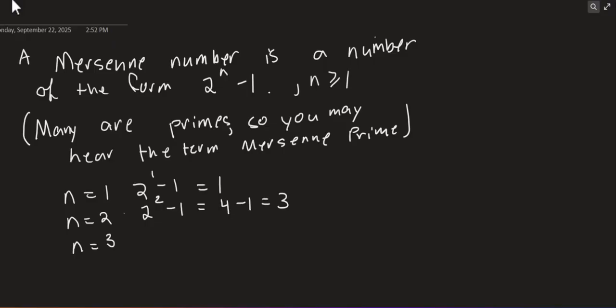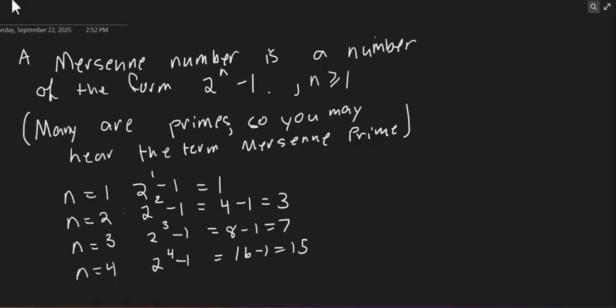So what would we have for n equals 3? 2 to the third minus 1, which is 8 minus 1, which is 7. And n equals 4: sixteen minus 1, which is 15. Okay, so those are the first 4 Mersenne numbers.